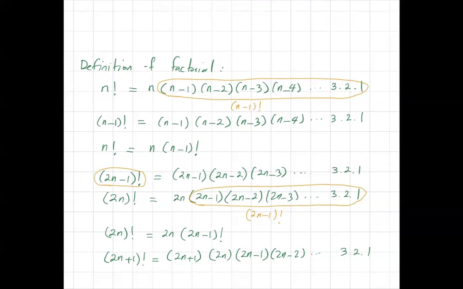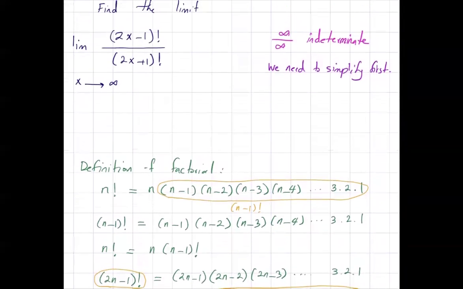So what's our observation here? We see (2n minus 1) times (2n minus 2) times (2n minus 3) times 3 times 2 repeated here. But what was this definition? It is (2n minus 1) factorial.